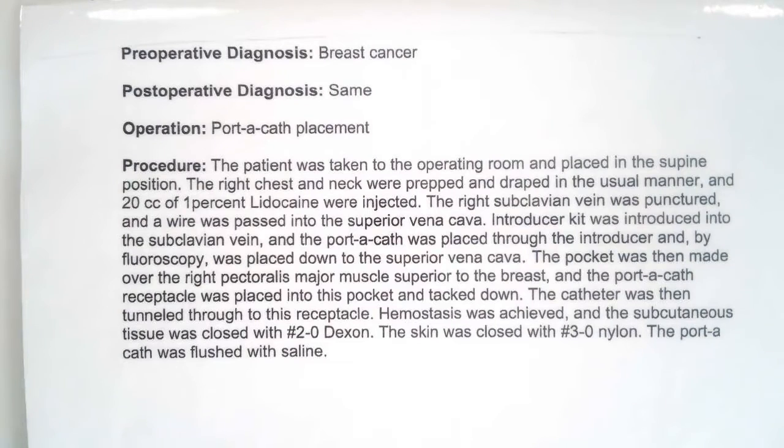So in the operative report, a device was actually inserted into the vena cava as well as into the subcutaneous tissue and fascia. Again, in order to understand every procedure that you're coding, you have to know about that procedure.